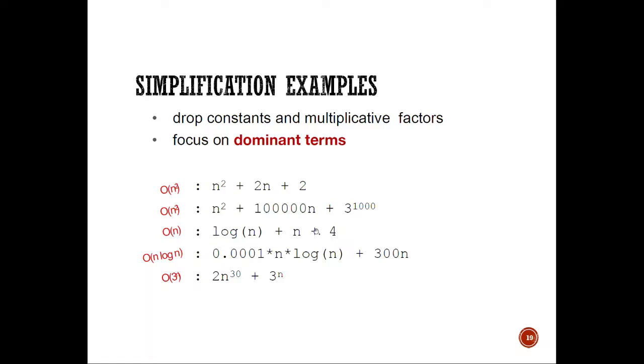In this expression, the term n is the most dominant term. That's why we mentioned that this is of order n. In this case, the largest term would be n log n, because log grows faster than a constant. And in this case, it's 3 to the power n, because the exponential growth is faster than the polynomial growth.